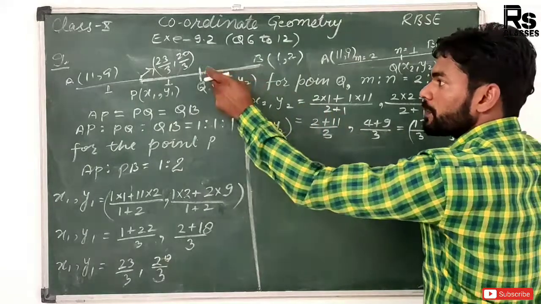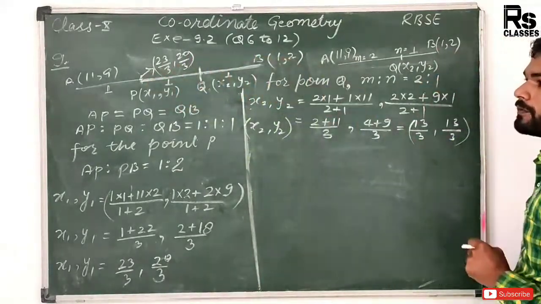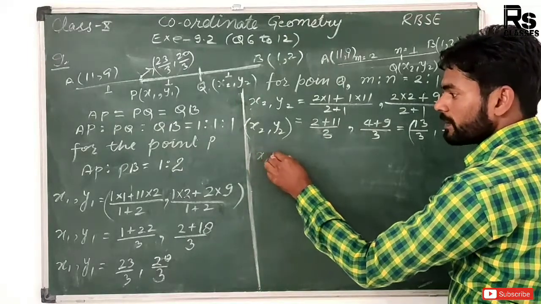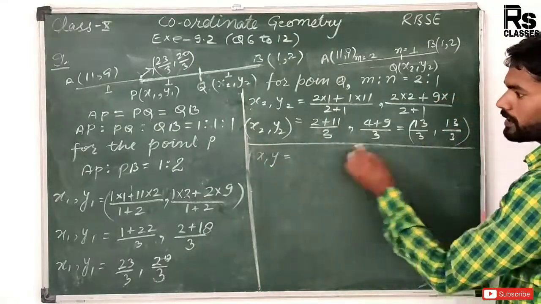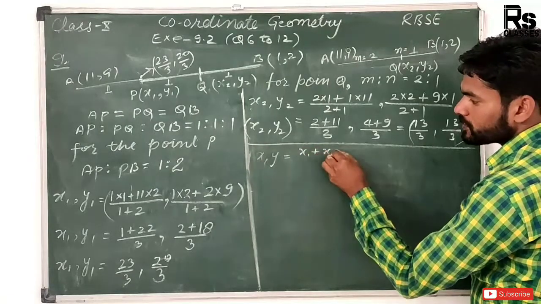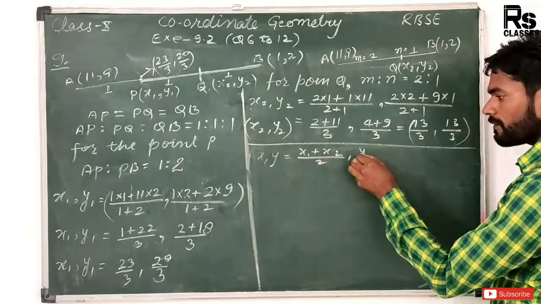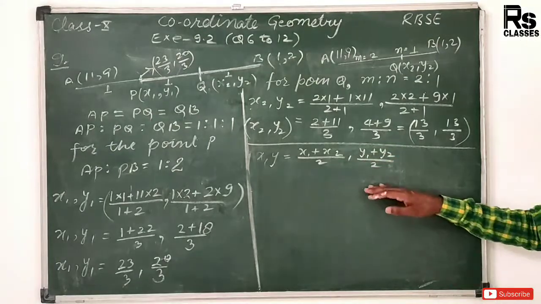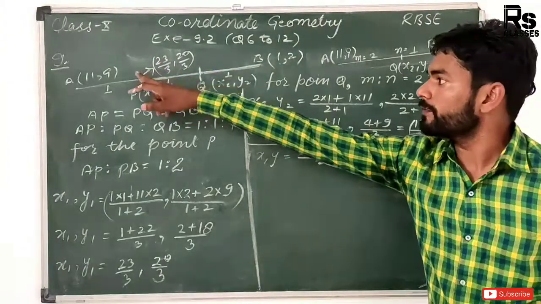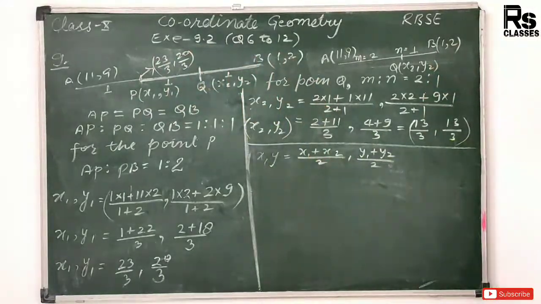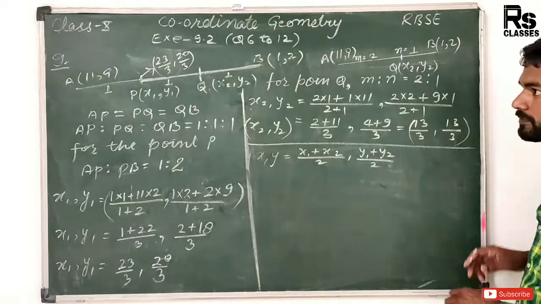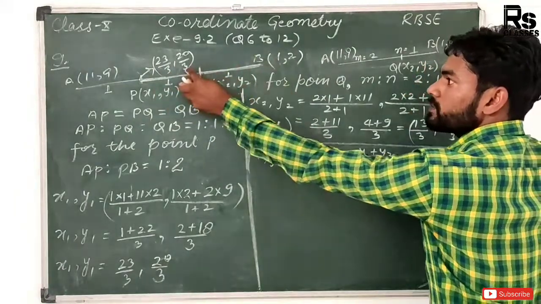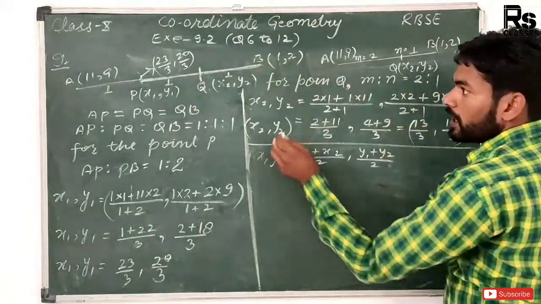So for this point Q we can use the midpoint formula also, which for any point (x, y) is x1 plus x2 upon 2, comma y1 plus y2 upon 2. It is the formula to calculate the midpoint of a line segment whose endpoints are given. Here this is x1, this is x2, this is y1 and this is y2.